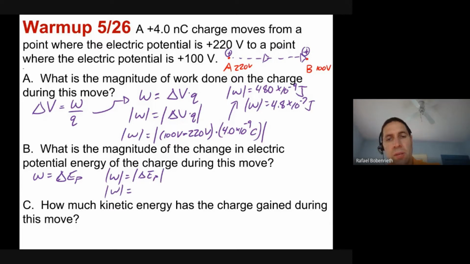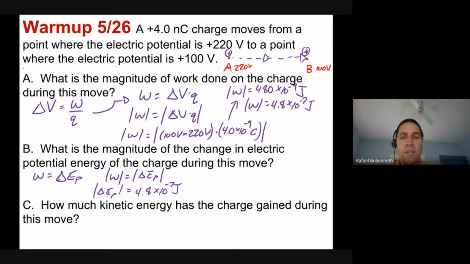So our answer to part A is the same as our answer to part B. The magnitude of the change in electric potential energy is also 4.8 times 10 to the negative 7th joules. So we have A and B completed.